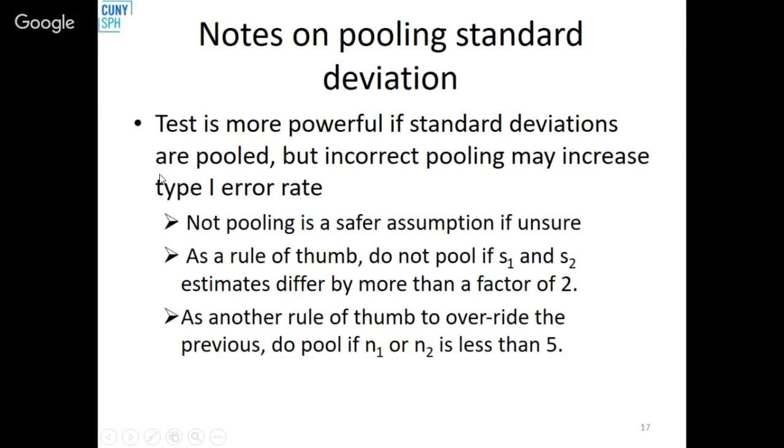But if it's not true, you can run into problems with increasing your type 1 error rate. So if you're not sure, not pooling can be a safer assumption. There are risks in not pooling as well. So as a rule of thumb, don't pool if the two standard deviations are very different, like say by more than a factor of 2.